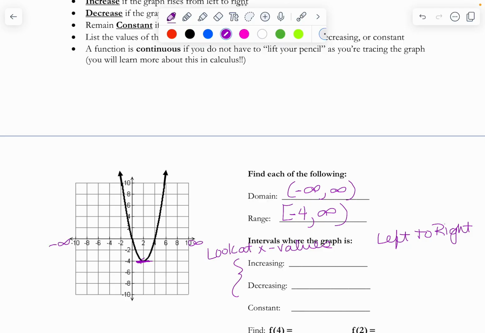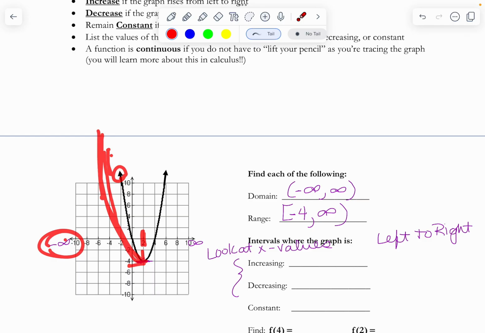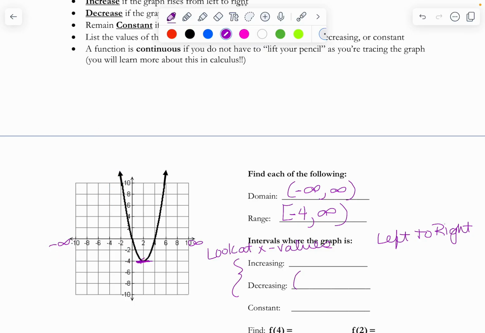From negative infinity, I don't care about this arrow right here. I'm going to go to this lowest point, where my x value is 2. I am decreasing. So from negative infinity to 2, I'm decreasing. I'm going to put that right here.